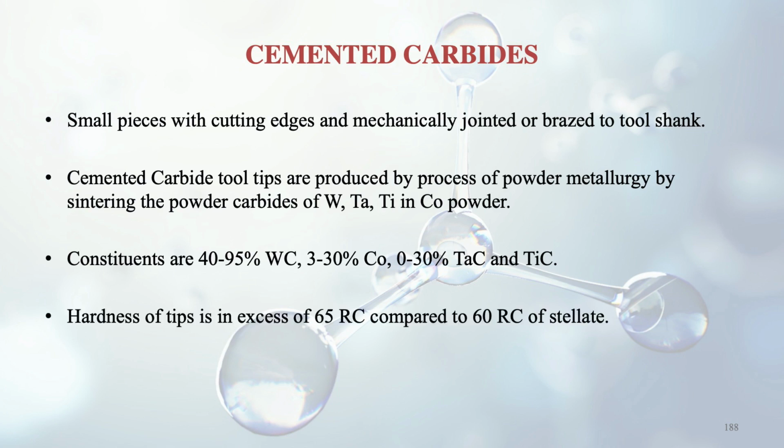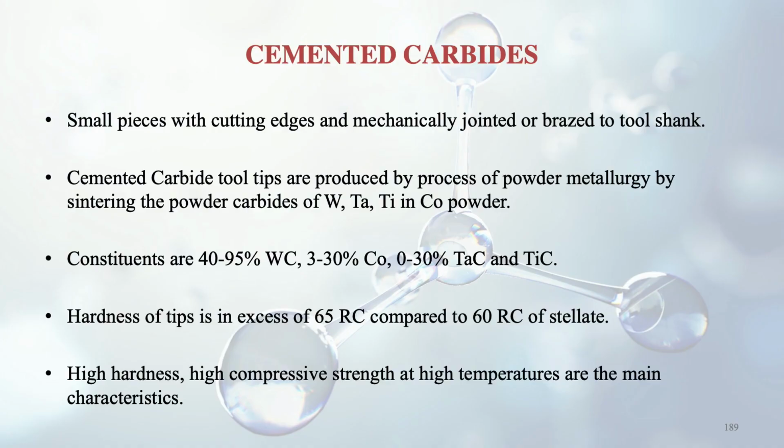The hardness of the tips is in excess of 65 RC compared to 60 RC of stellite. So you can see that cemented carbides are even better than stellite in case of hardness. And the high hardness and high compressive strength at high temperatures are the main characteristics of these cemented carbides.